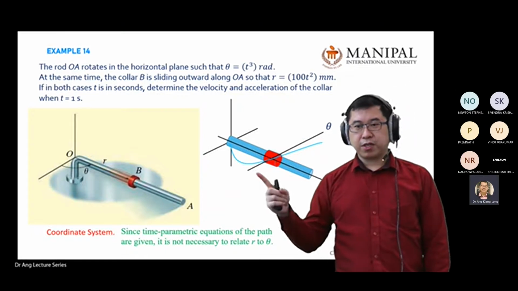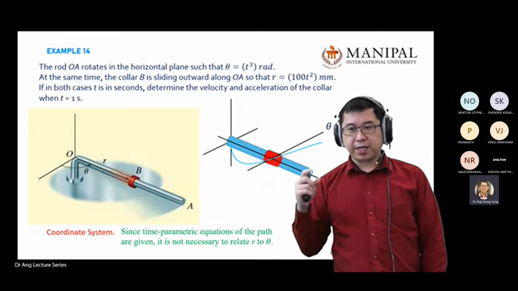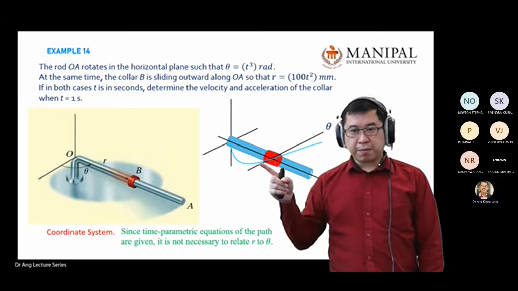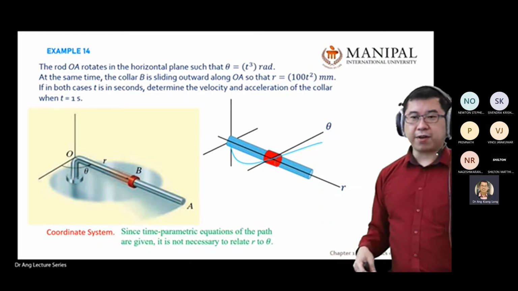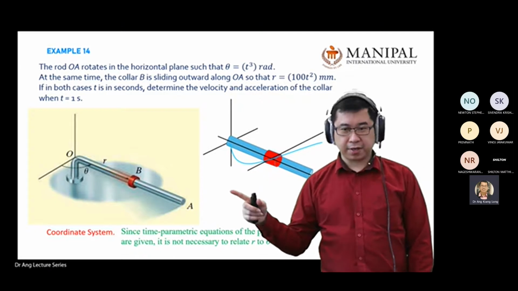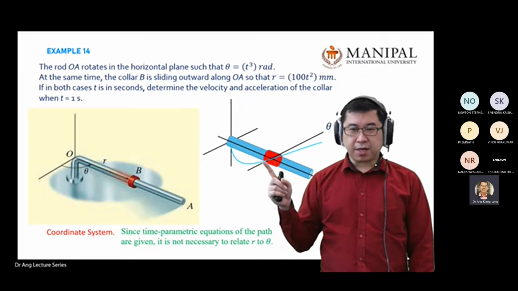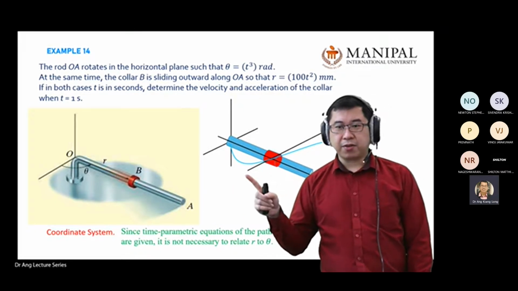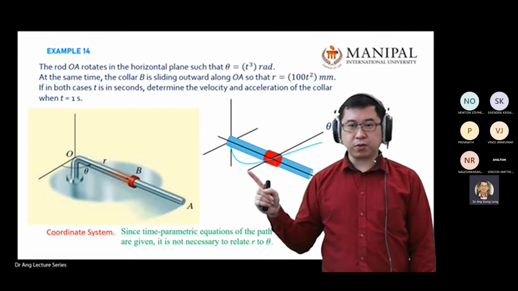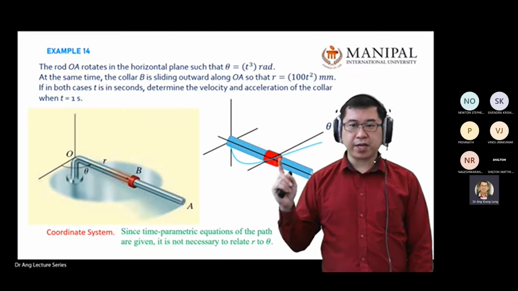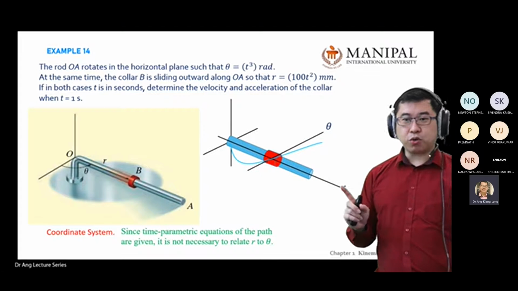Of course, if you want to label your theta here, no issue, but you will see a lot of negative values in your derivation later on. I myself don't like negative values, but if you still want to use your theta over here, go ahead. There's no wrong answer.